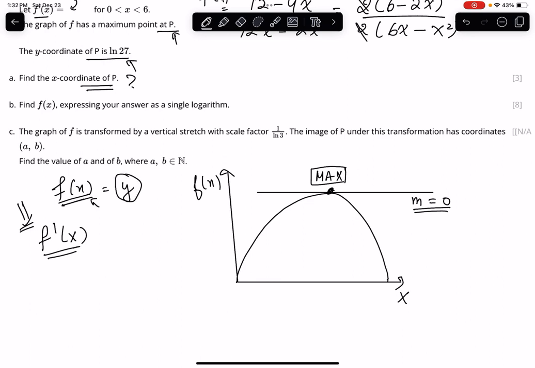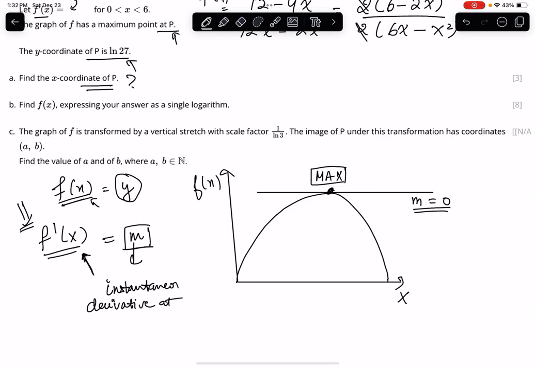That's how f of x works. But for the f prime of x function, if you input an x value, you get some derivative value m, which is the instantaneous derivative at that point x.